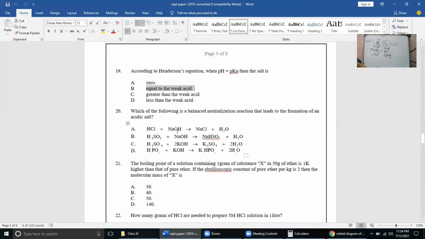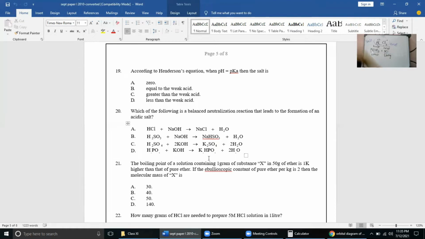Number 20. Which of the following is a balanced neutralization reaction that leads to the formation of an acidic salt? All neutralization reactions form some salts. Acidic salts are those salts which contain hydrogen in the center, or those salts which are acidic in nature.